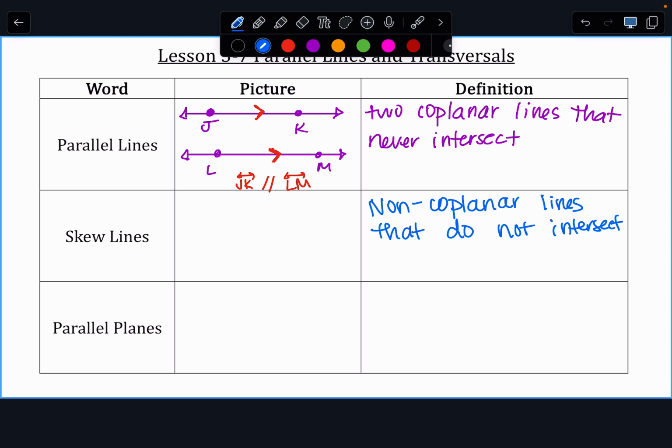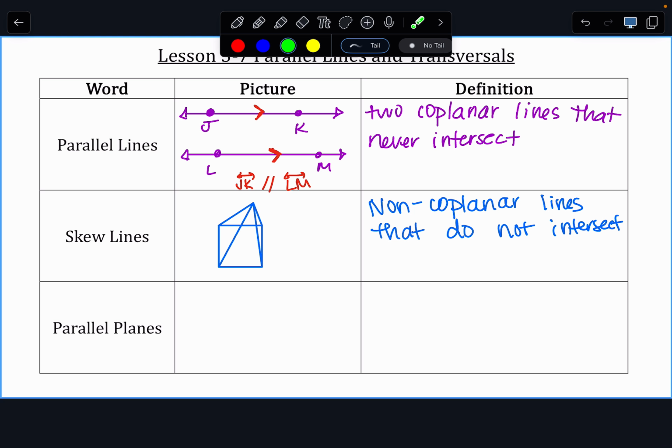Okay? So for this picture, I'm going to draw a square pyramid. I drew the square, and then I drew these lines to all meet.